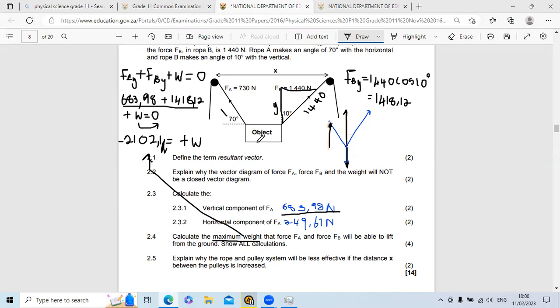So it's not like the resultant is exactly zero. The resultant is actually approaching zero. But when coming to calculations, you have to state it as zero. I don't know if you understand this part.